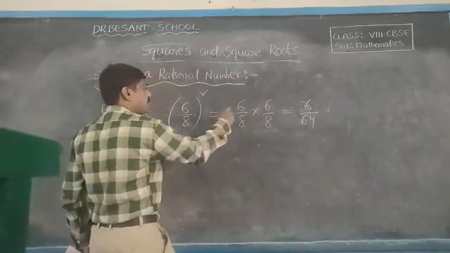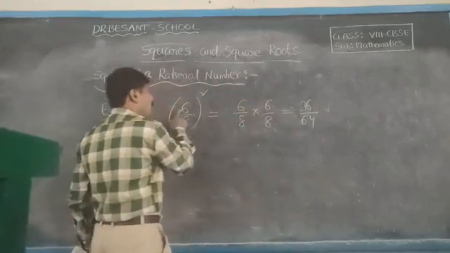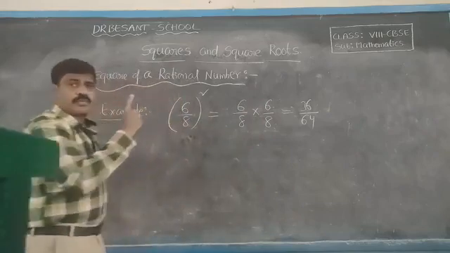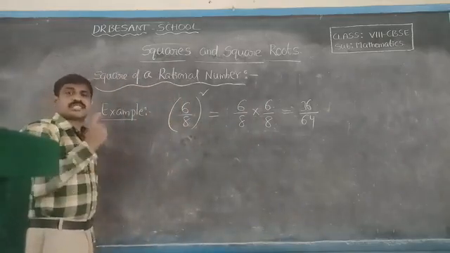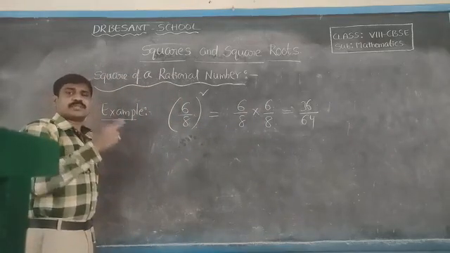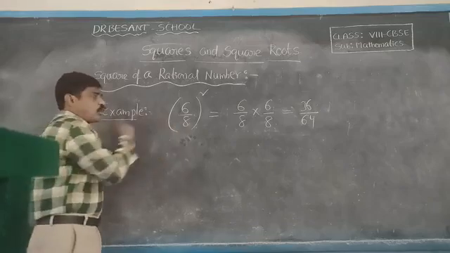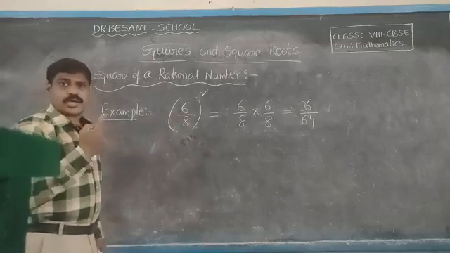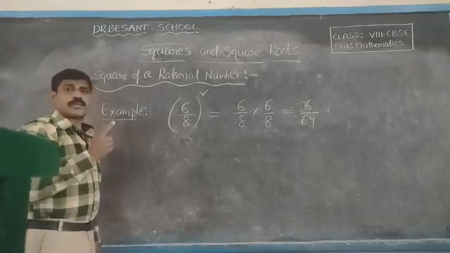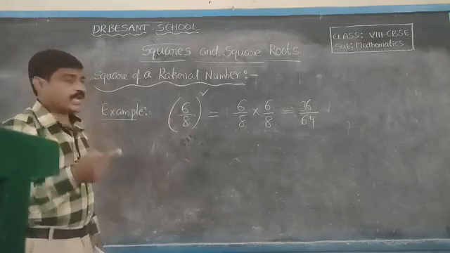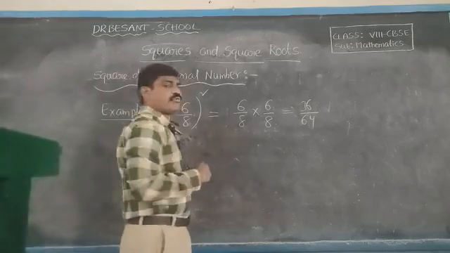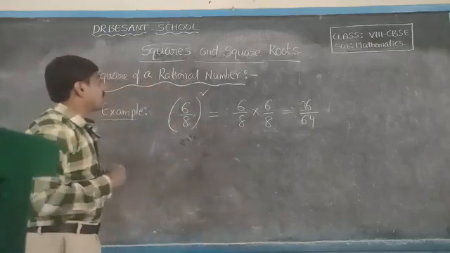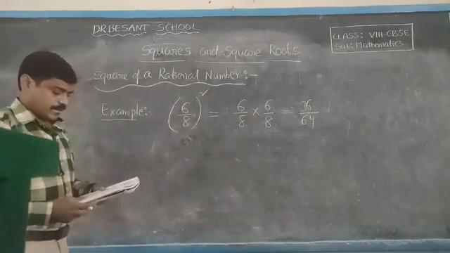What is the numerator? 6. So 6 is multiplied by itself, that means 6 into 6. What is the denominator? 8. So denominator multiplied by itself, that means 8 into 8, that is equal to 64. So this is the square of a rational number.